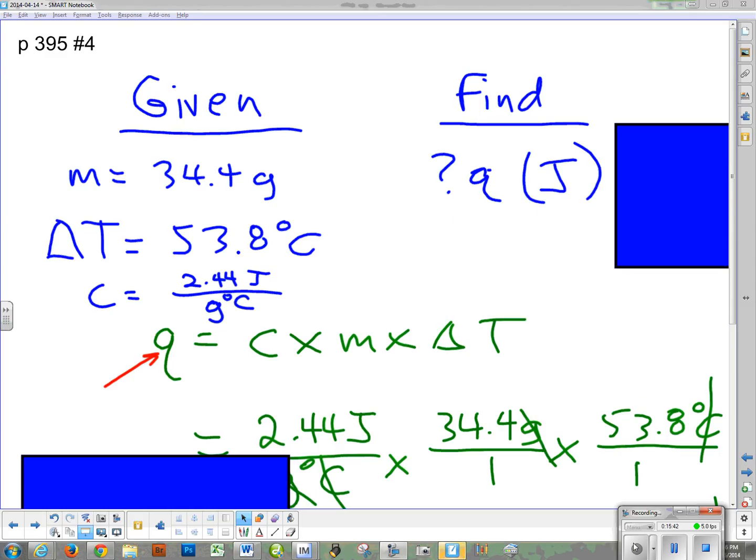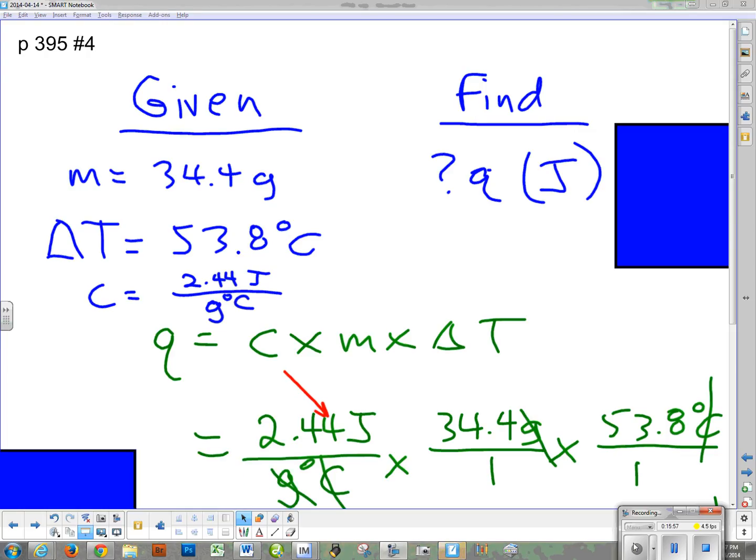So what we want to do is write this out, and then fill it in as we see down here. These come from our given, this one comes from our given for the mass, and this is our temperature change. We don't have to find a final temperature on this one. We're just looking for the joules for a particular temperature change.